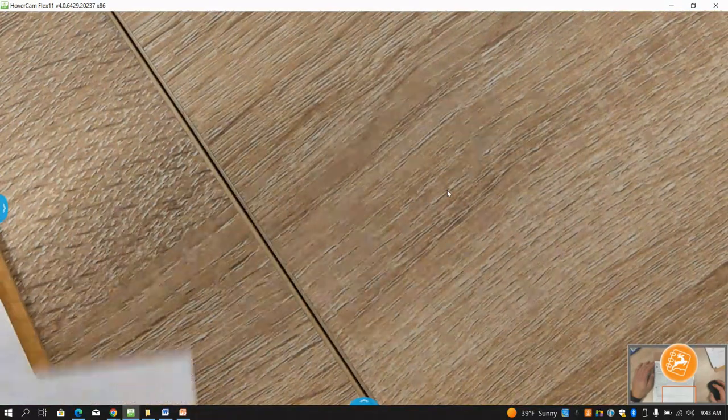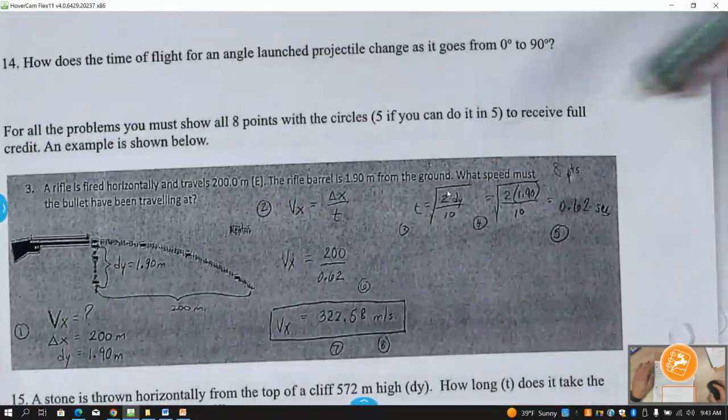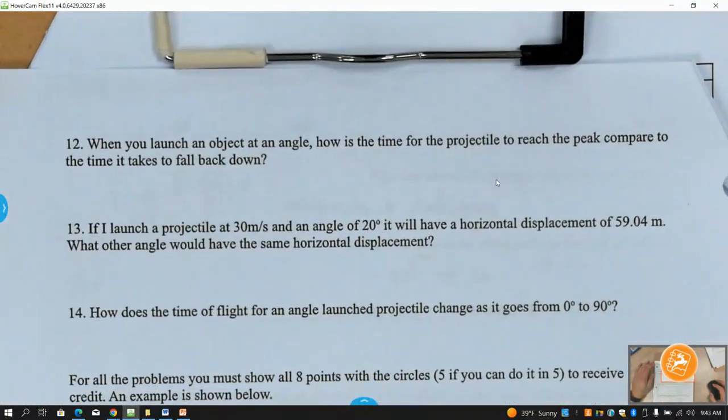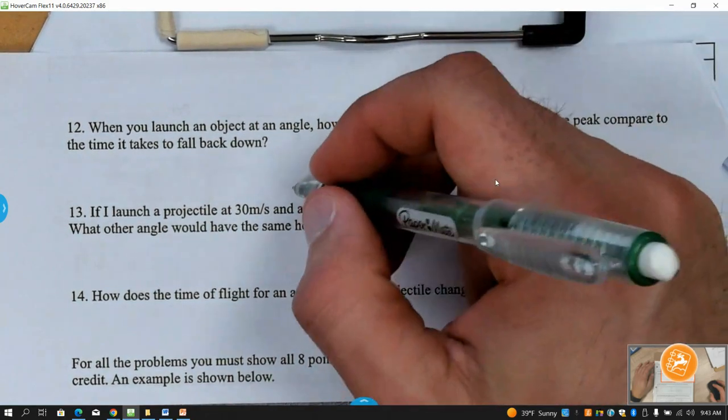So now, when you launch an object at an angle, how does the time for the projectile to reach the peak compare to the time for it to fall back down?